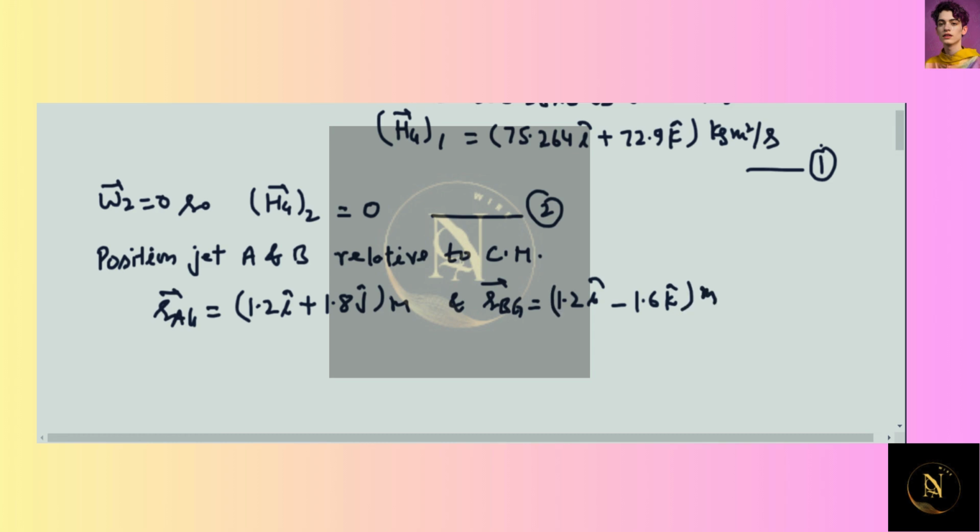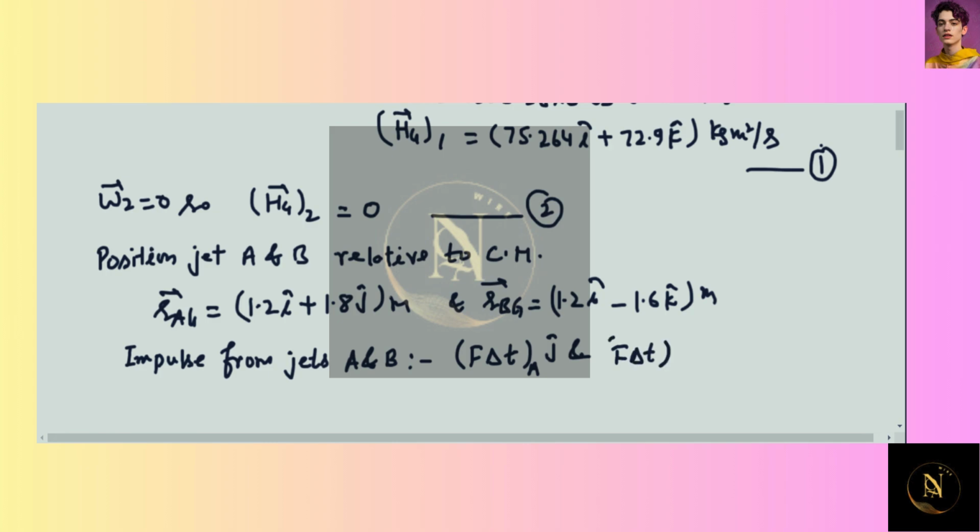Impulse you can find from jets A and B: F delta T A j cap and F delta T B j cap.